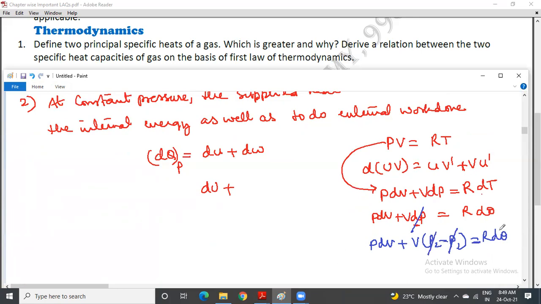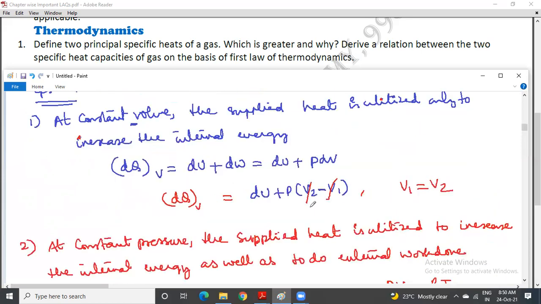So R d theta is equal to P dV. So P dV is equal to dQ with the P. In place of P dV, let us write dU plus R d theta is equal to dQp. You call this equation 2, and take the earlier one as equation 1.